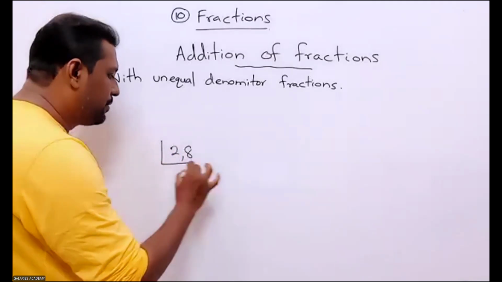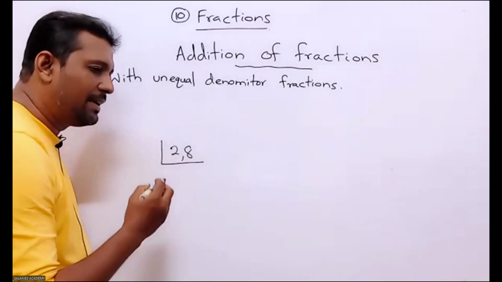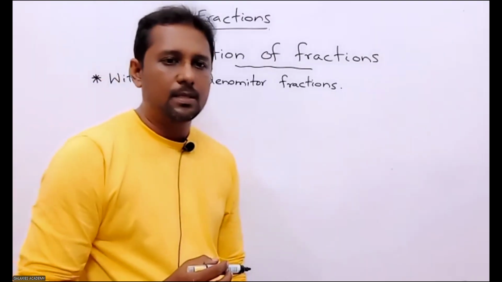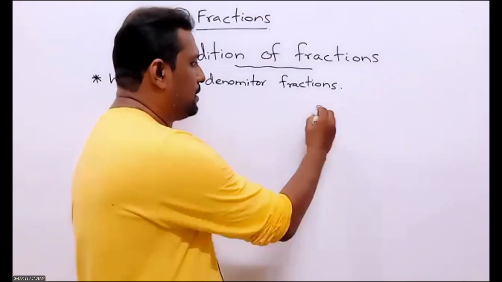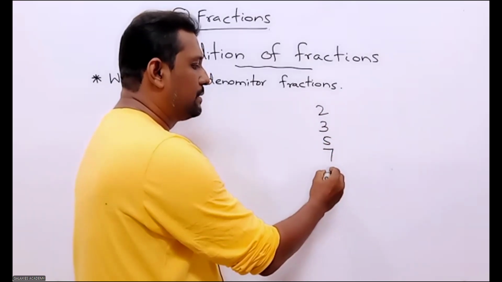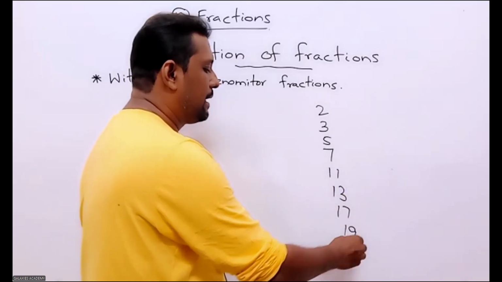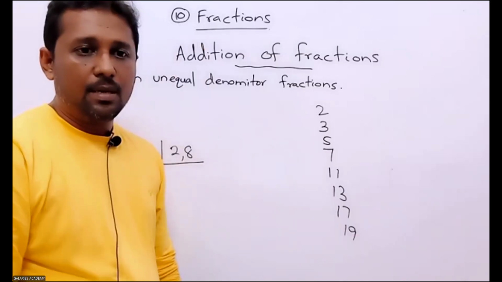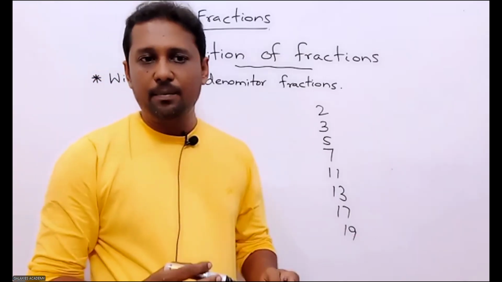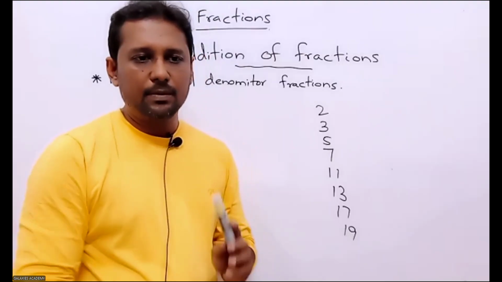Then what do you have to do? You can divide these two numbers together by prime numbers. What are the prime numbers? 2, 3, 5, 7, 11, 13, 17, 19, numbers like that. Prime numbers mean if a number has only two factors, we call it a prime number, right?